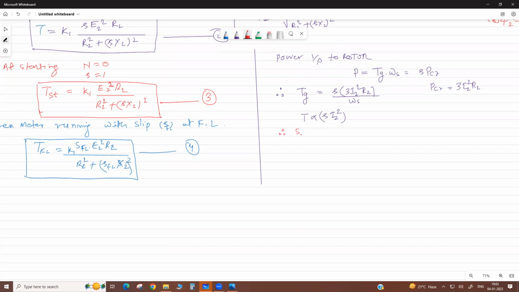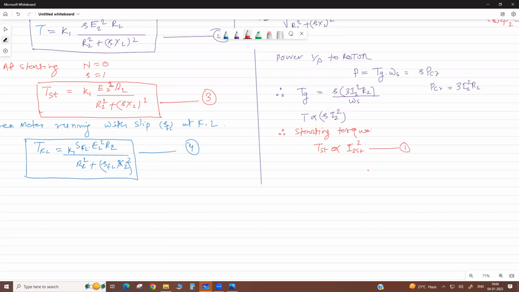Now the motor is starting. Therefore, if we calculate the starting torque TST, the slip is 1, so it is proportional to the rotor current at starting whole square, at starting current.